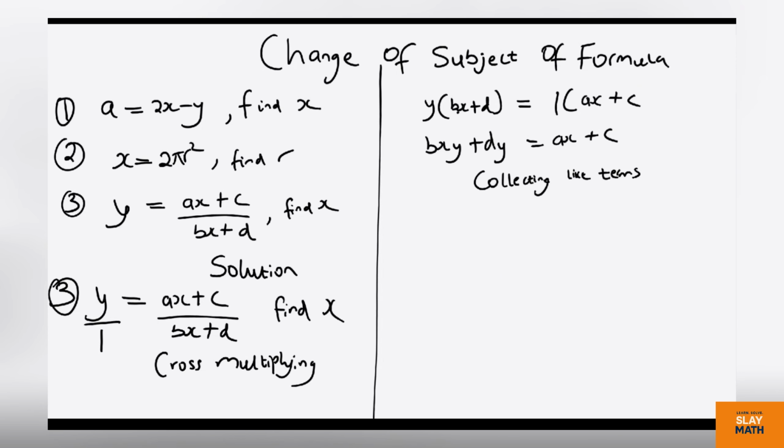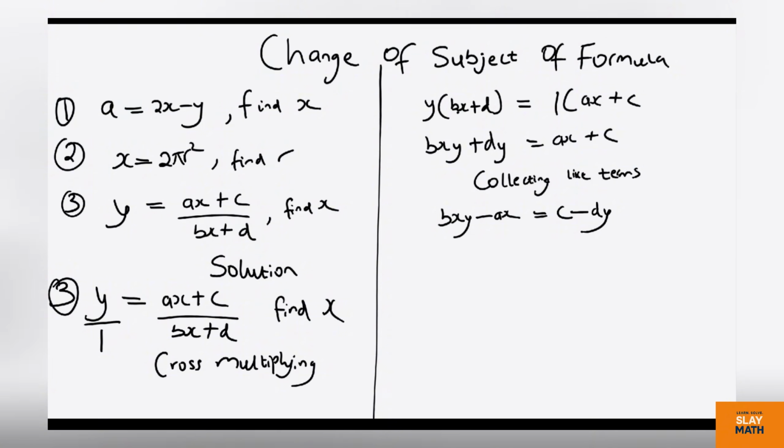So we have bxy minus ax, and then we move dy to the other side so we can have only values that have x in them. Plus dy moves over and turns to minus, so we have c minus dy, right?